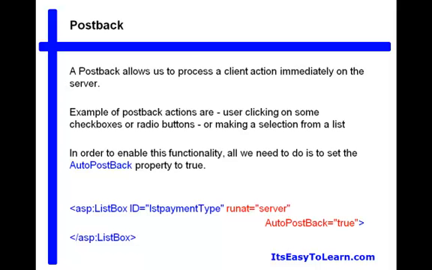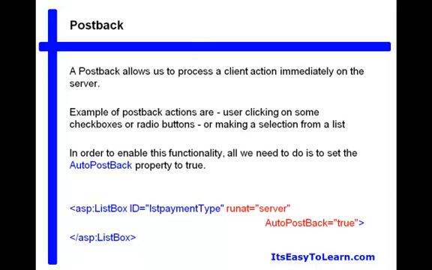For college students, you have a set of questions. For employed people, you have a set of questions. For senior citizens, you have a set of questions. So let's say you have 3 radio buttons: college students, professionals, and senior citizens. As you click each radio button, the contents, the questions, should change. So this is an example of a postback.